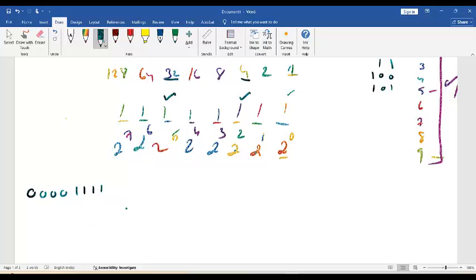It means 15. How? Because this place value is 8, this place value is 4, this place value is 2, this place value is 1. When I add these, I get 15. Decimal. I converted binary to decimal. How easy it is? Did you understand?